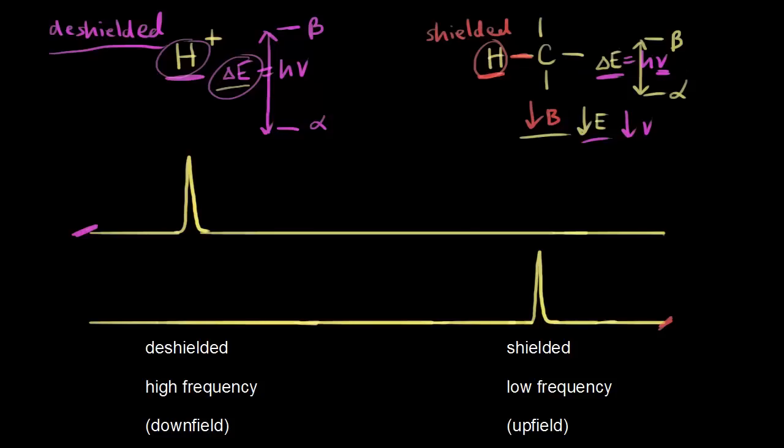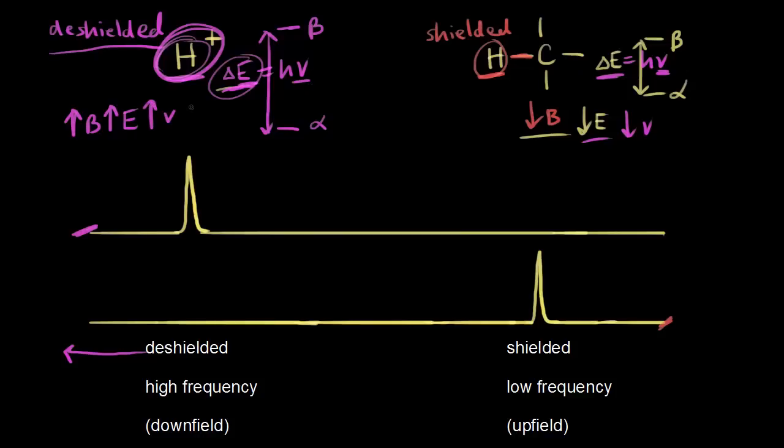For the example on the left, for the deshielded protons, let's think about this really fast. As you go to the left on an NMR spectrum, you get more and more deshielded. And if you're more and more deshielded, you experience a greater magnetic field. A greater magnetic field corresponds to a greater difference in energy, and a greater difference in energy corresponds to a higher frequency absorbed.